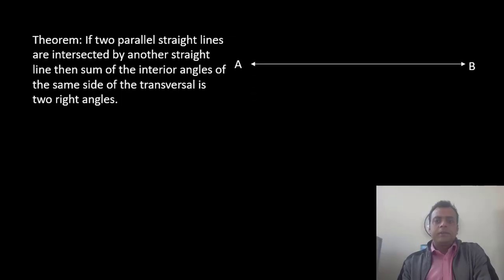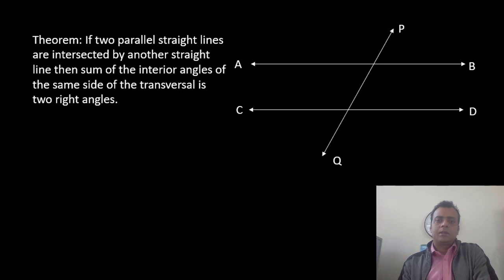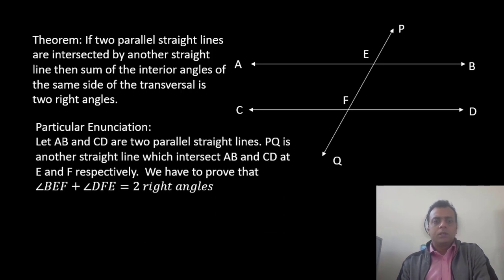To see in the figure, we can draw a straight line AB and another straight line CD, and we draw a transversal PQ, and then name the points of intersection as E and F respectively. And we can write the particular enunciation like this.